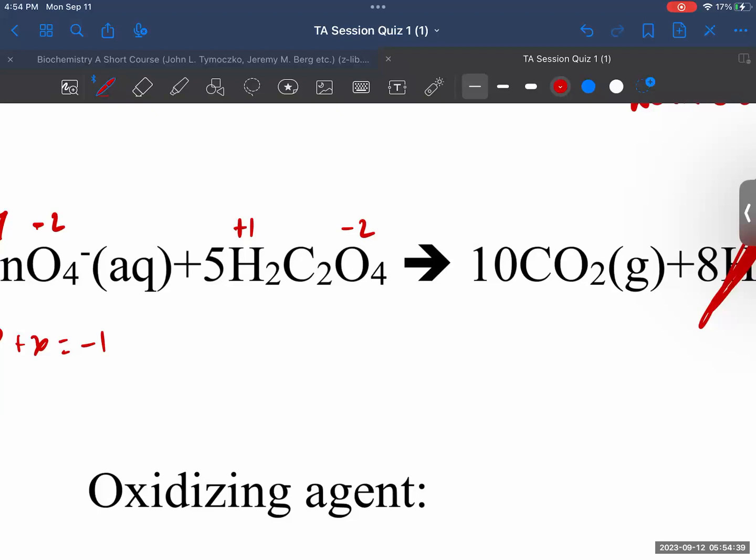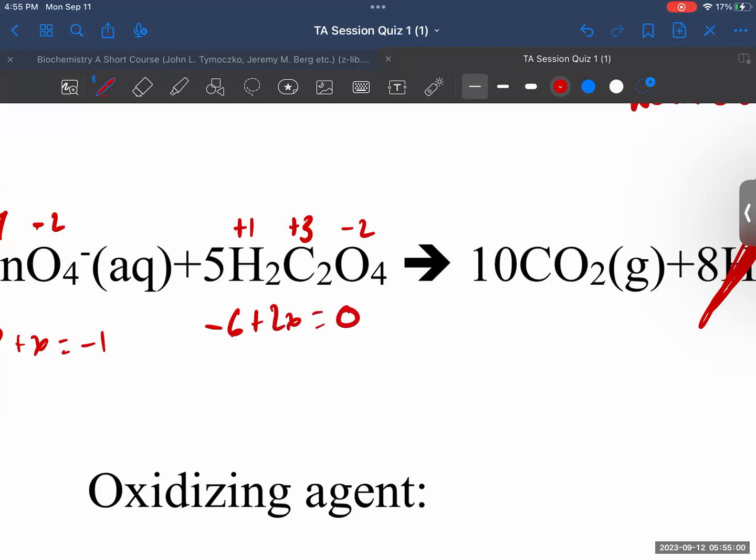Close. +3. Because again, you can do the same method. What does this one have to add up to, the total charge? 0, completely neutral. So -8 plus 2, this is -6. Then there's 2 carbons, so 2x equals 0.